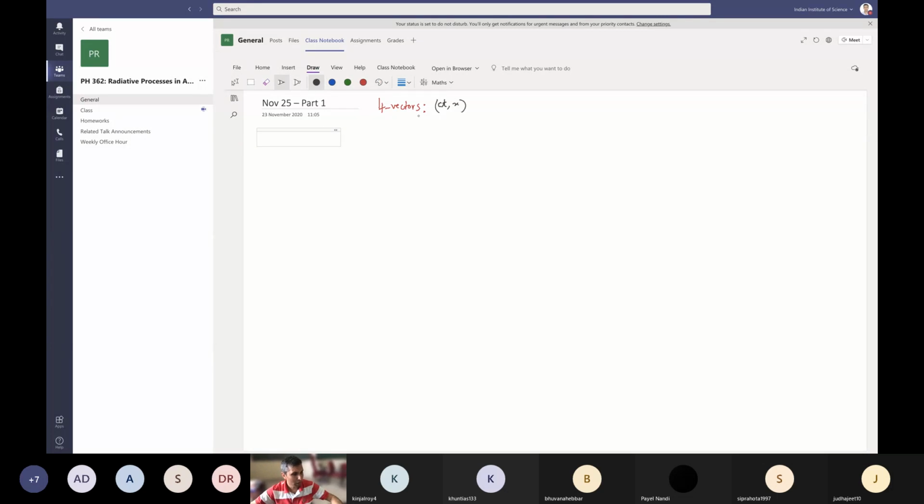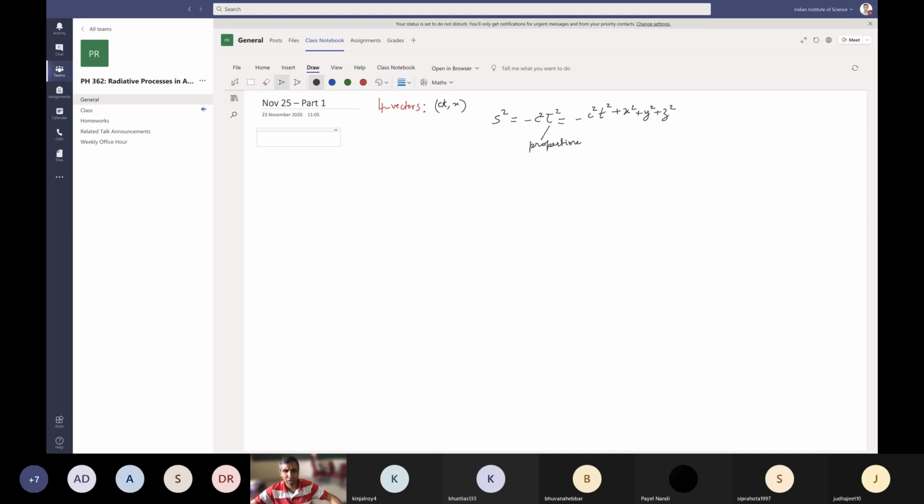Okay, so we know that we define this quantity s squared equals minus c squared tau squared, which is equal to minus c squared t squared plus x squared plus y squared plus z squared, right? So this tau is called the proper time, right?